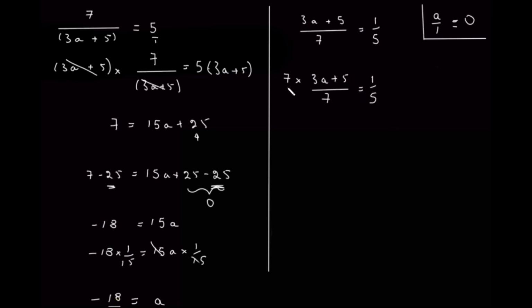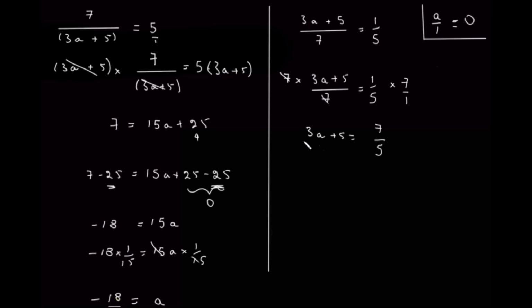Because I multiplied the left by 7, I multiplied the right by 7. Those two cancel out. So we end up with just 3A plus 5 equals, now 7 times 1 is 7, 5 times 1 is 5. Both are positive, so the answer is positive.